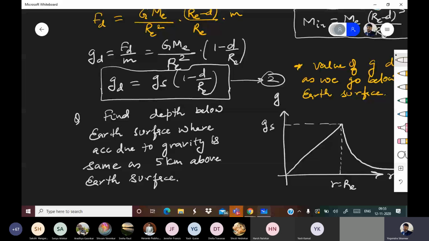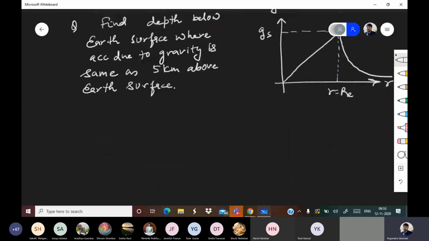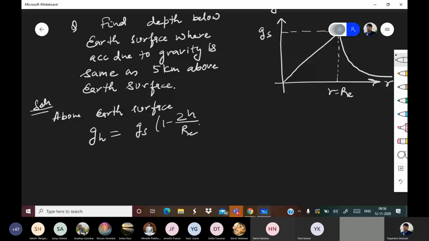Okay. Everyone, please pay attention. Above Earth's surface, G_h is equal to G_s into (1 minus 2h upon R_E). Right?